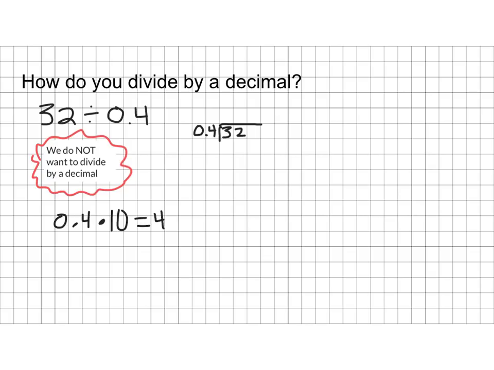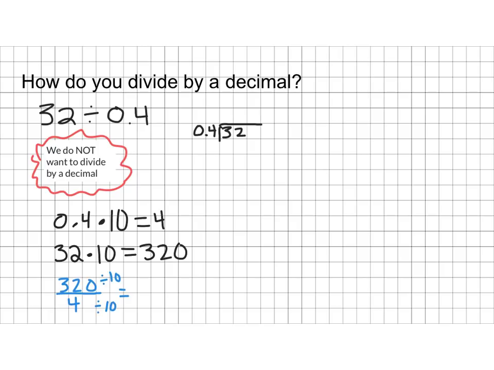That sounds convenient, but I can't just multiply by 10 and pretend it's going to stay the same. But what I can do is if I multiply the 32 by 10 as well, then it will be the same. Because then I would have 320.